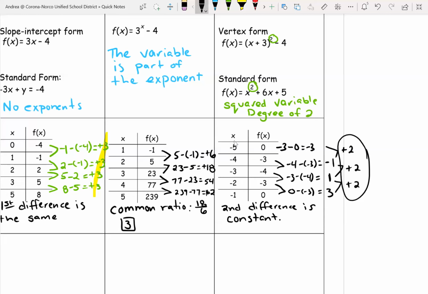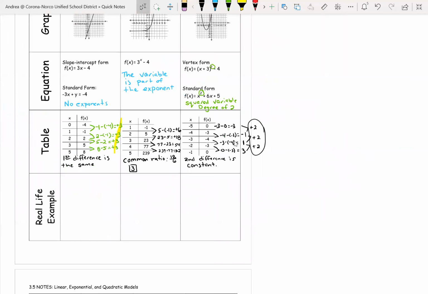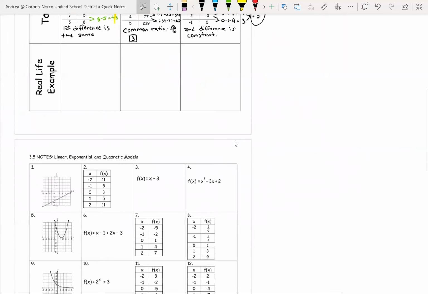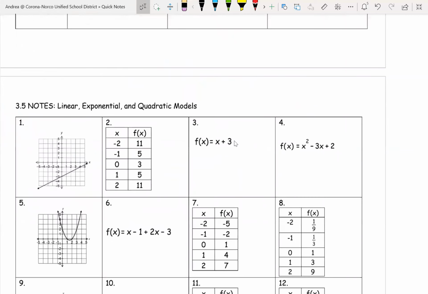Okay, we're going to practice on the back. Numbers 1 through 4. Okay, class, is 1 linear, quadratic, or exponential? Linear. Okay, we'll skip 2 for now. Number 3, linear, quadratic, or exponential?